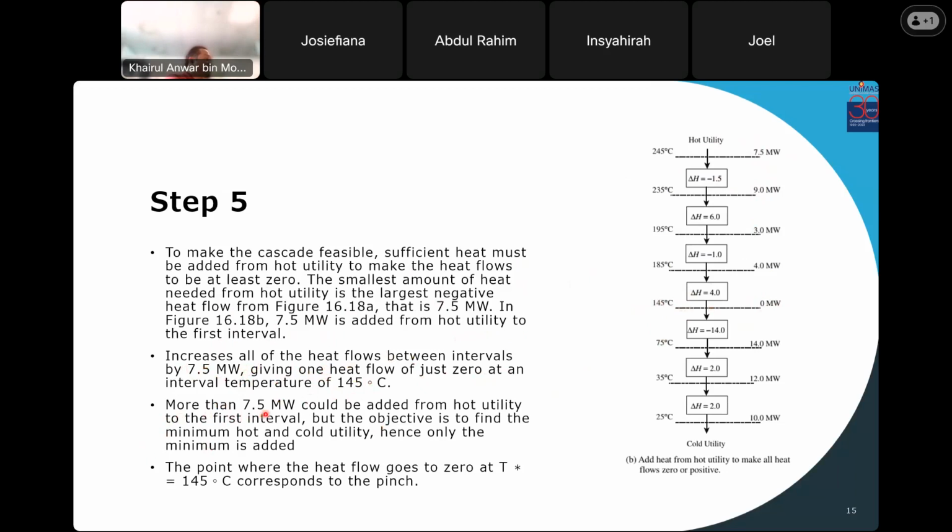More than 7.5 megawatt could be added from the hot utility to the first interval, so you can put like 8 or 10 megawatt, but the objective for pinch, like the water or gas pinch, is to find the minimum hot utility for this case. Hence only the minimum is added. So the minimum is 7.5. The point where the heat flow goes to 0 and T shifted equals 145 degrees C corresponds to the pinch.